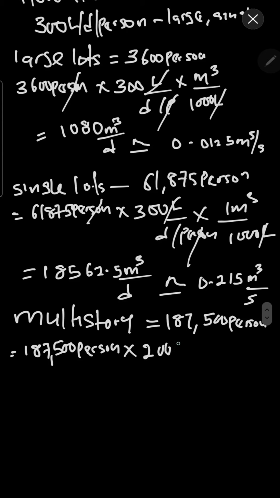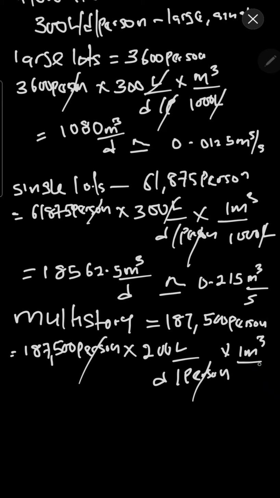It's 187,500 times 200 divided by 1,000.